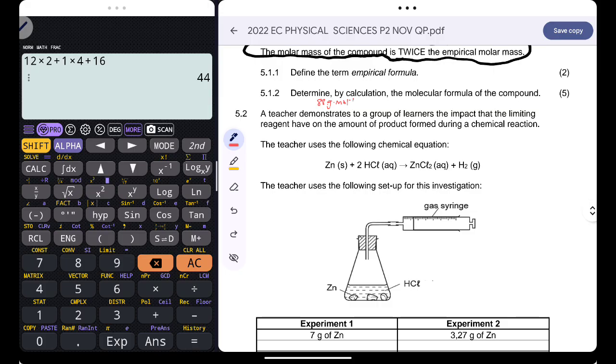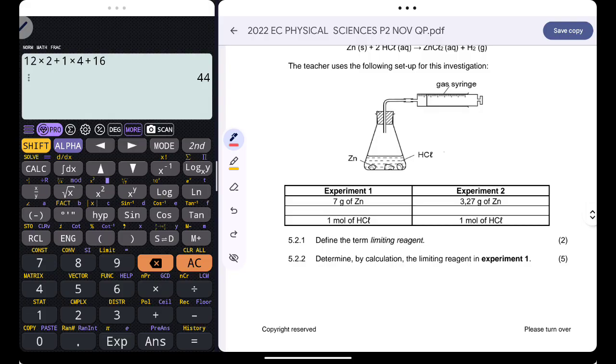Okay, the teacher uses the following setup for the investigation. In experiment 1, the teacher placed 7 grams of zinc inside the acid, which had 1 mole. Are you together? And then for the second experiment, the mass decreased to 3.27 with the same amount of acid.